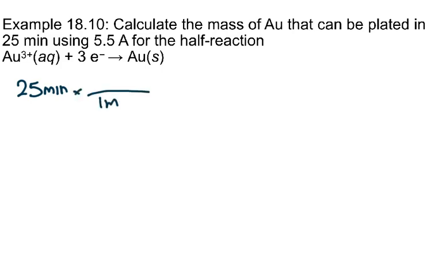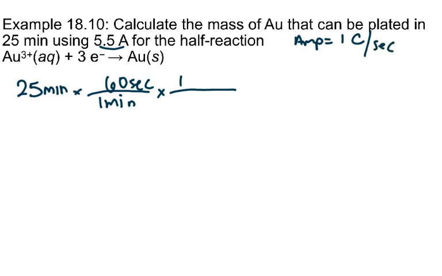So 1 minute is 60 seconds. Then we're at 5.5 amps, and an amp is 1 coulomb per second. So 5.5 coulombs per second.